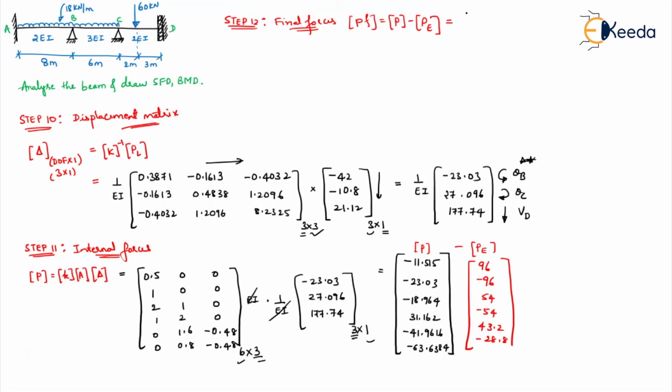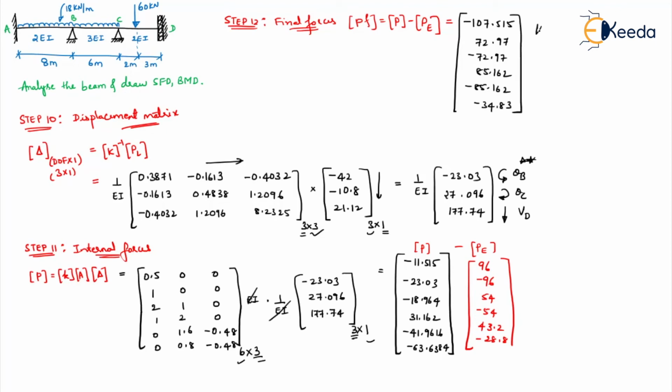So let's write down your final forces. So what are these? Minus 107.515, then 72.97, then minus 72.97, then 85.162, minus 85.162, and minus 34.83.